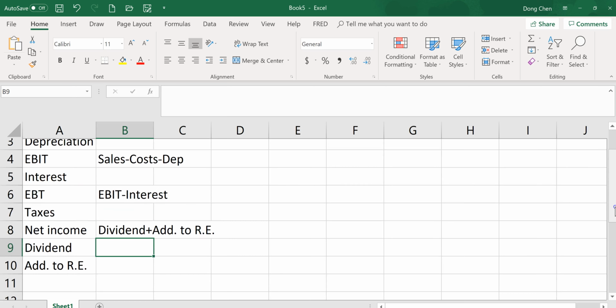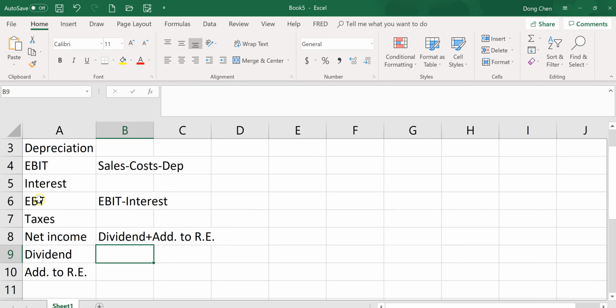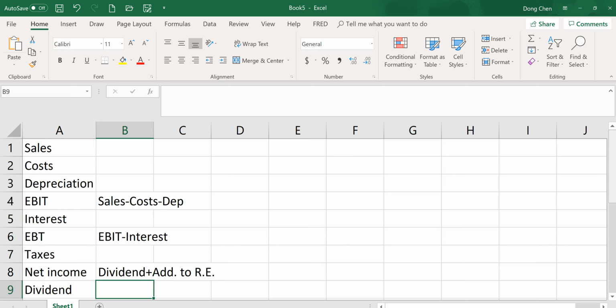But here, actually, the question is asking us for the depreciation, because in order to go from the top to the bottom, we need to know every input in between: cost, depreciation, interest, and taxes. But here, the depreciation is unknown.